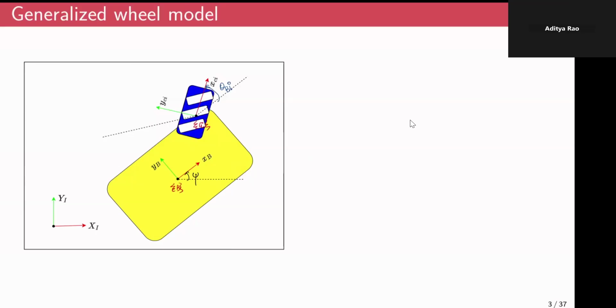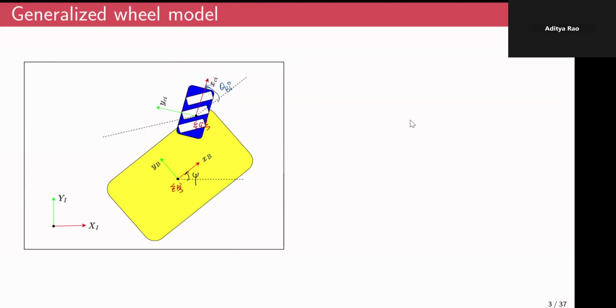If there are only two wheels, I would be one and two. If there are four wheels, I would be one, two, three, four. In this case, we are considering this particular wheel. So theta BI is nothing but the steering angle, a parameter used to represent the steering angle.